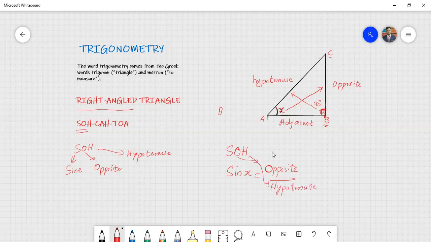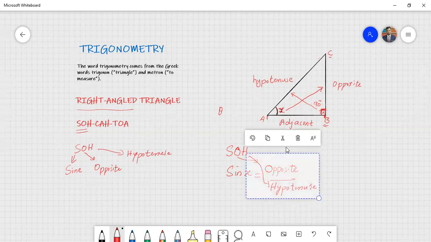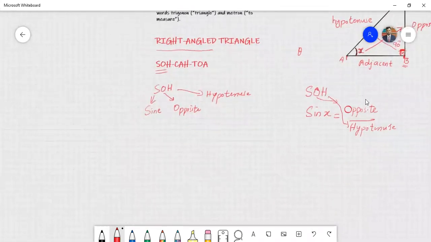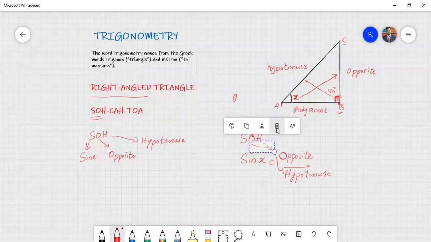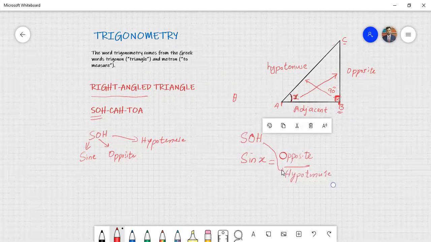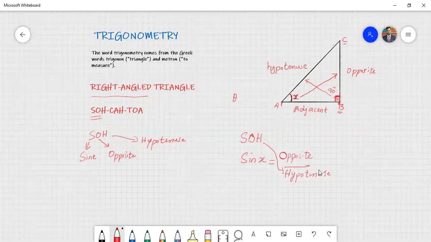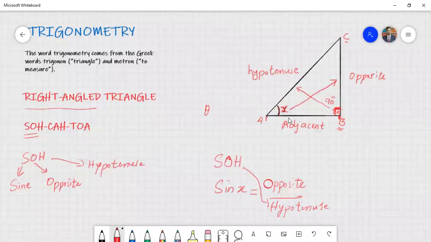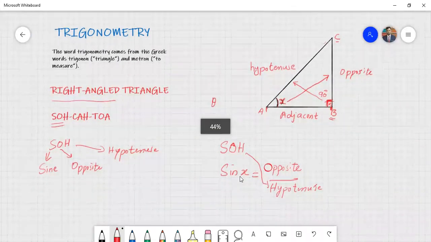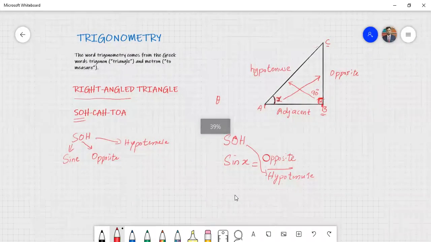This is a ratio. So SOH: because I represented this angle by x, sine of x is equal to opposite over hypotenuse.